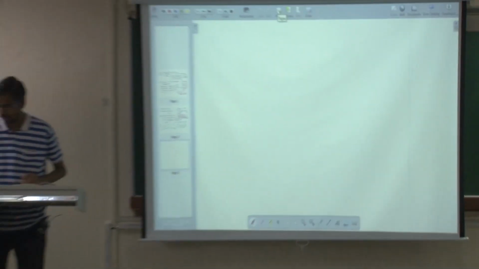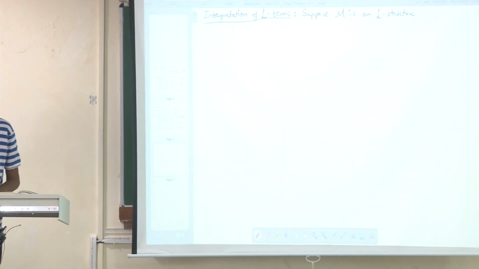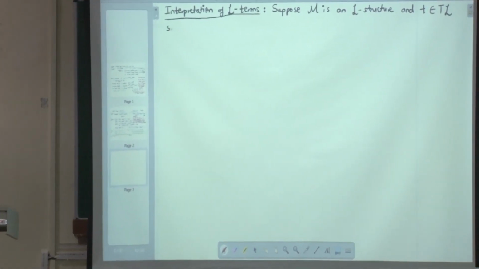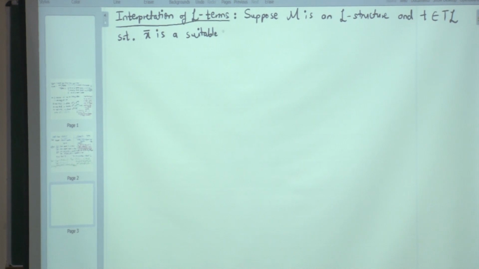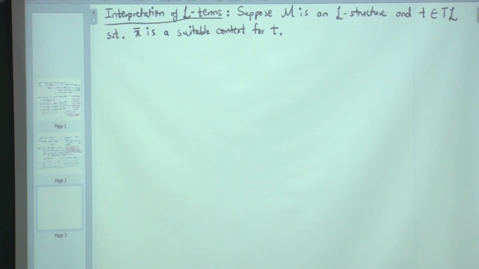So let us write down these things. Suppose M is an L structure, and t belongs to T_L such that x bar is a suitable context for t. What does that mean?